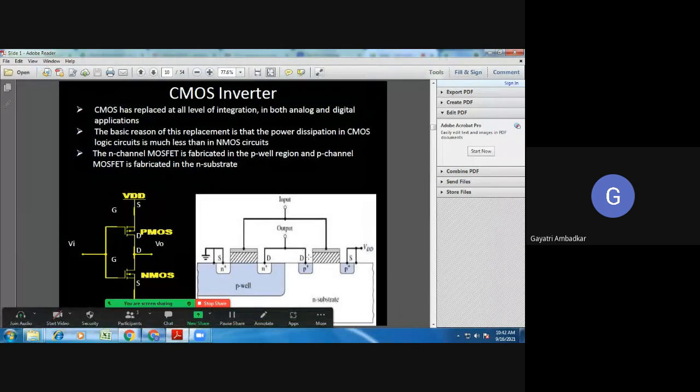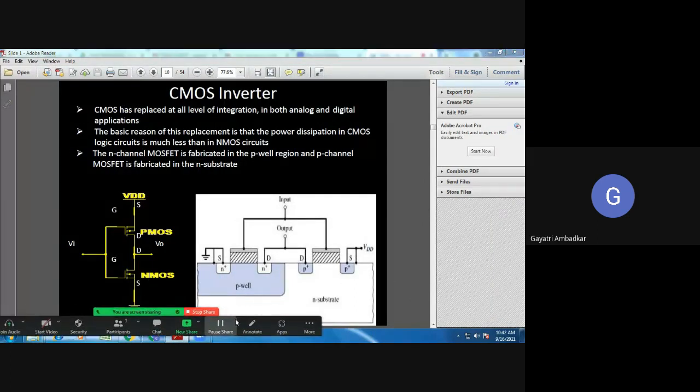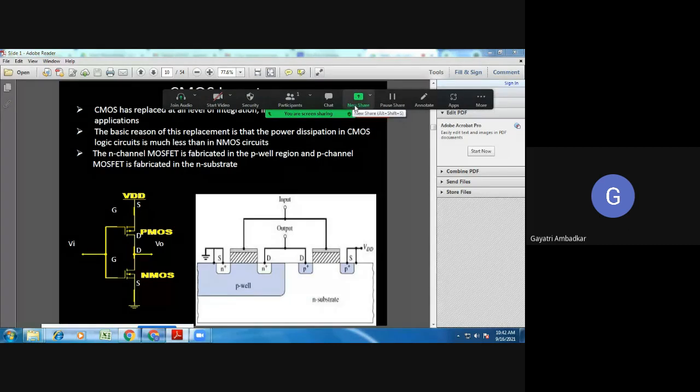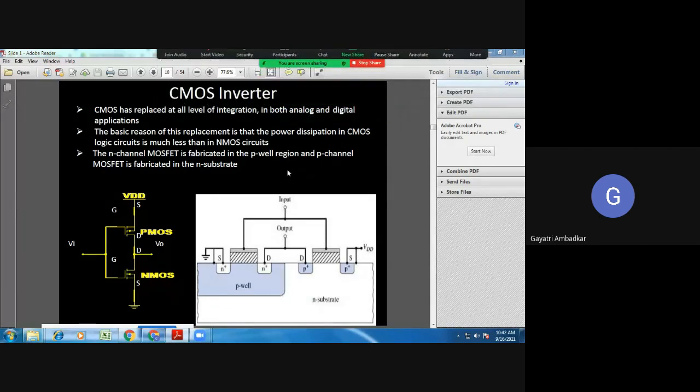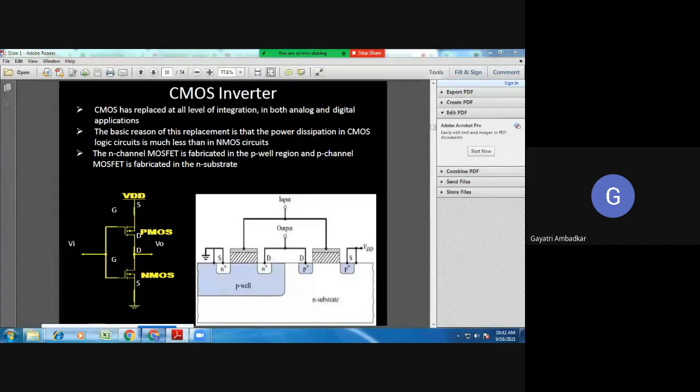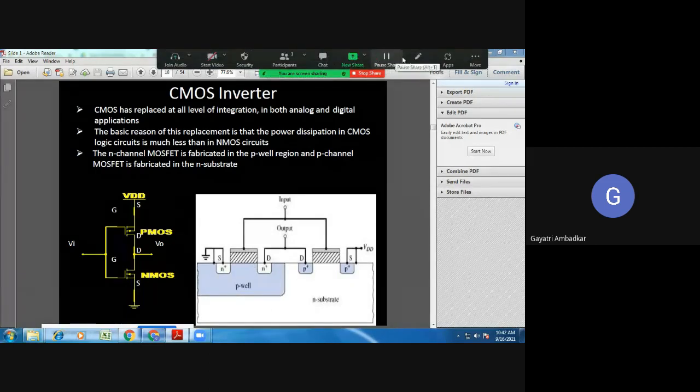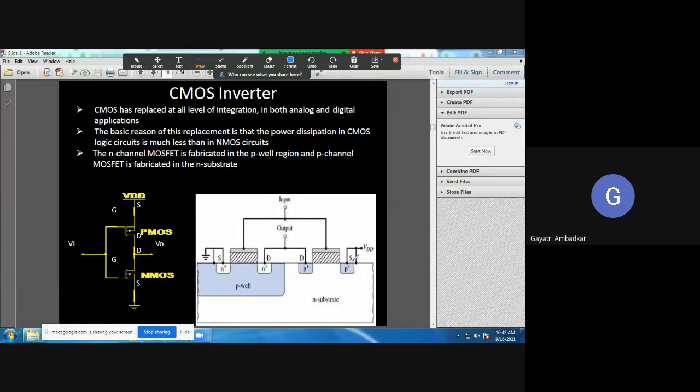Okay. So this is the diagram of CMOS, complementary MOSFET. When we studied N-channel MOSFET, you know that there was a P substrate, right?